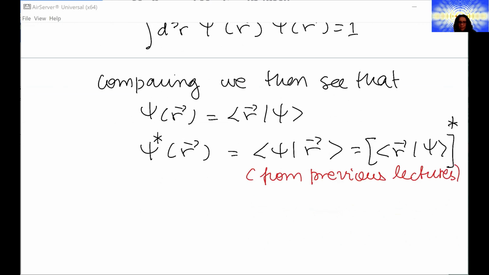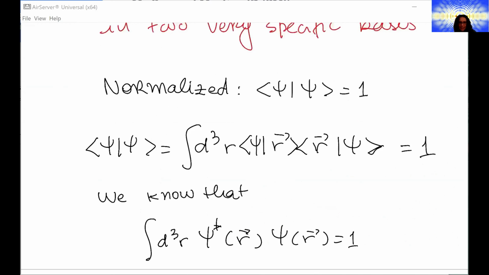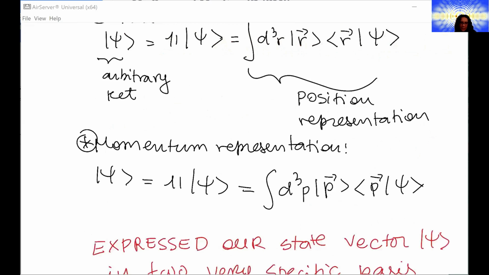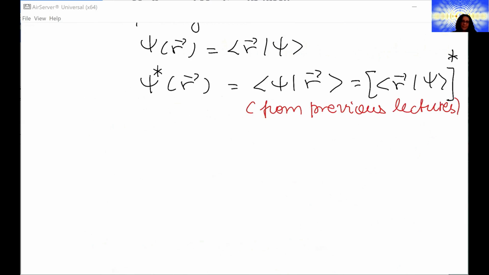Now, what we can also do is to compare this entity, this guy, to the expression that we have. We also wrote that psi is the integral d3r |r><r| psi, right?